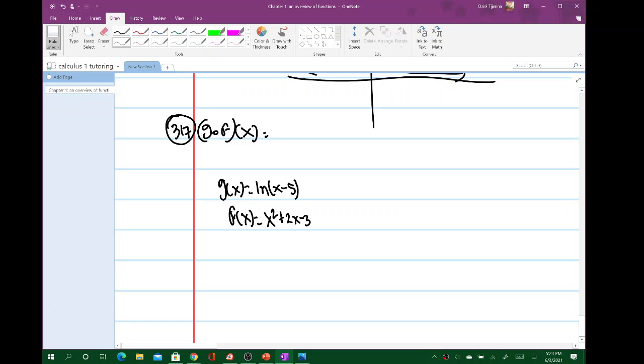And g of f of x would be g of x squared plus 2x minus 3, meaning you're going to plug this in for x, okay? Actually, hold on. It would be 4, so in reality, it would be 4.